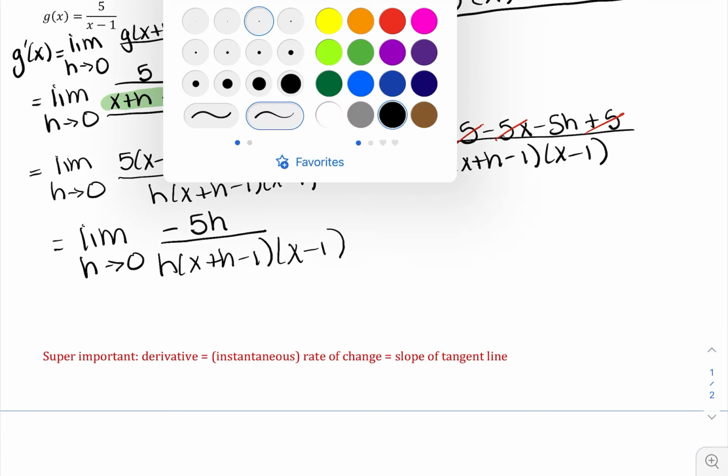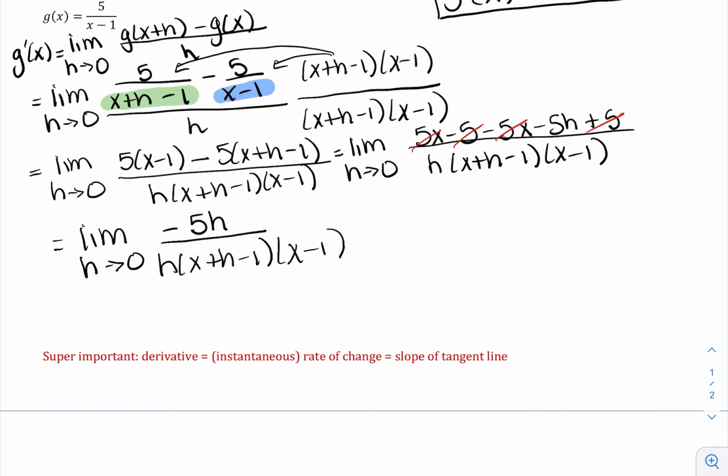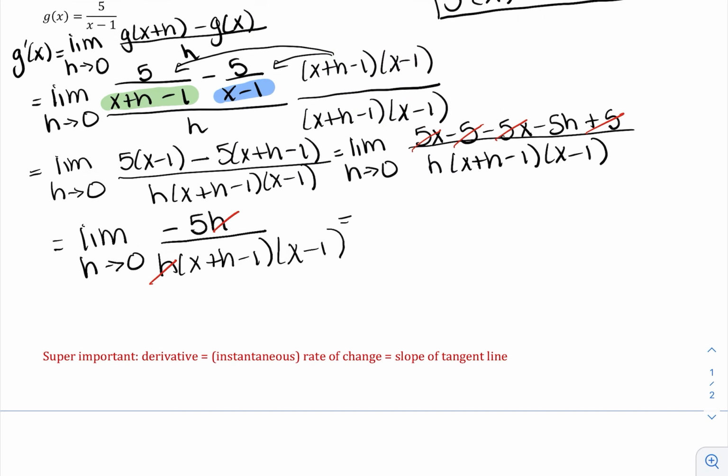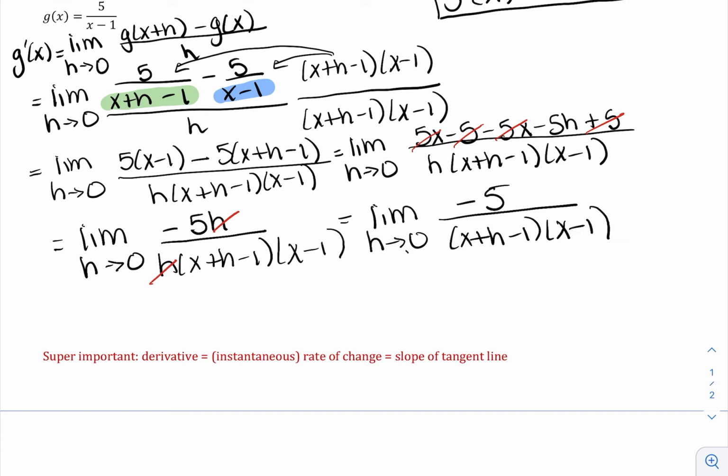Ooh, does anyone see it there? Here it comes. The h can cancel with this h, and I no longer have that problem, so now I'm going to be able to plug in my limit. I'll rewrite it one more time for emphasis. So here it goes. Here's the h. That's going to become 0.